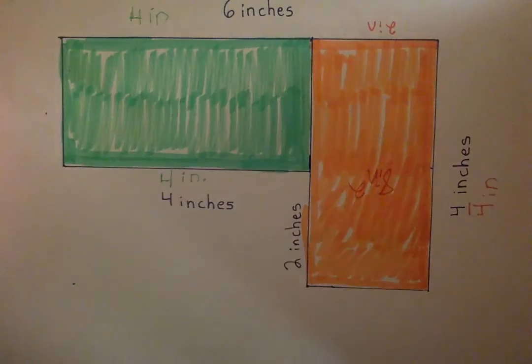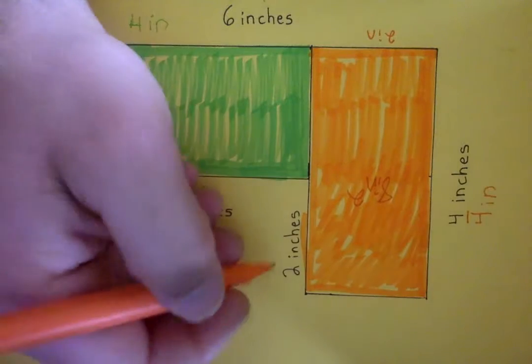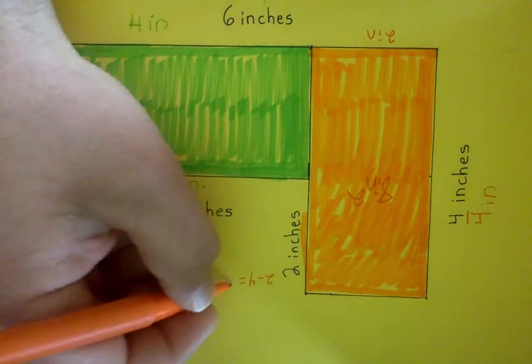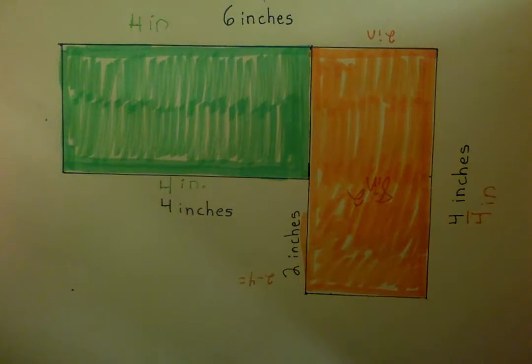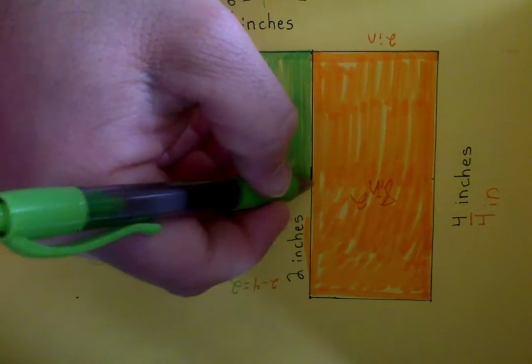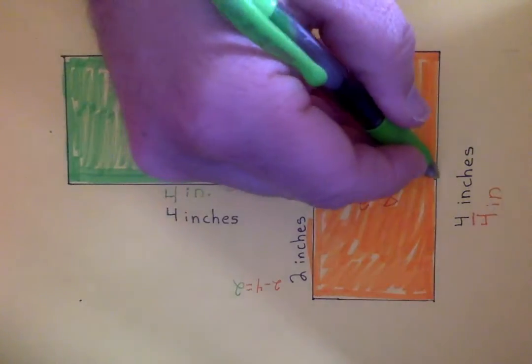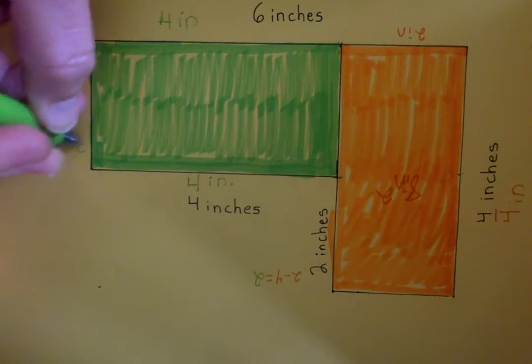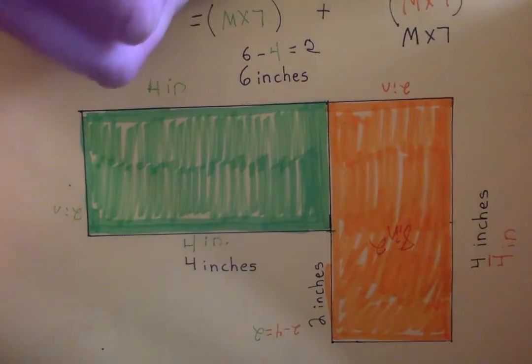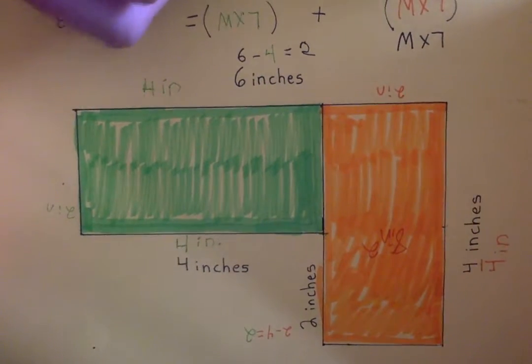This literally splits this side into 2. So I know this is going to be 2 inches, which is going to leave me with 2. 2 times 4 is 8.